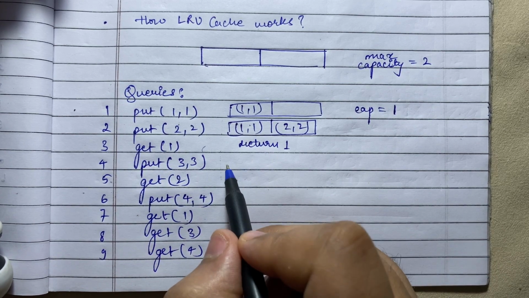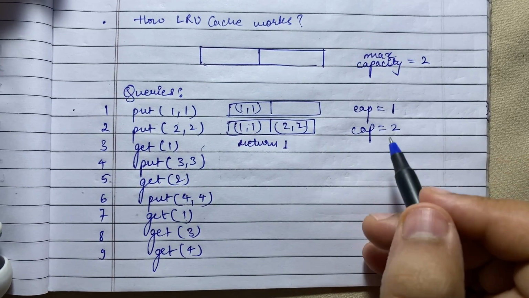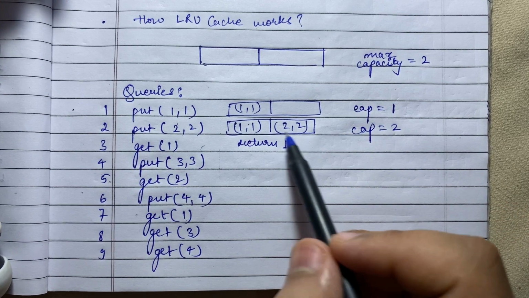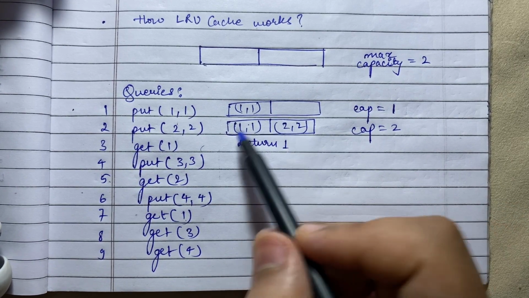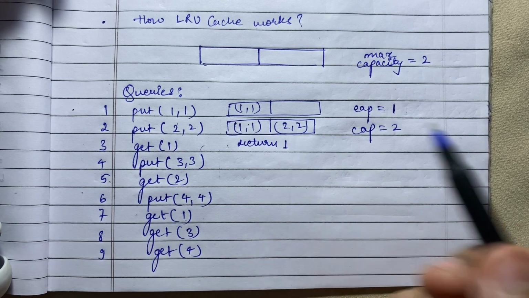Now this is the interesting part. Since our cache is now full at capacity 2, we can't include new data without removing some data which is already there. So how can we pick which data we should remove?